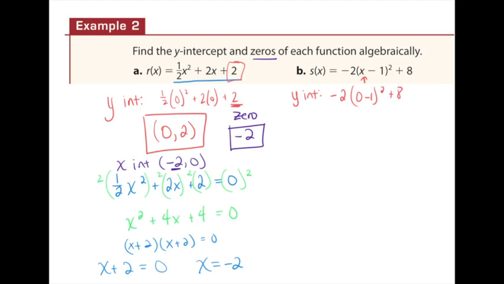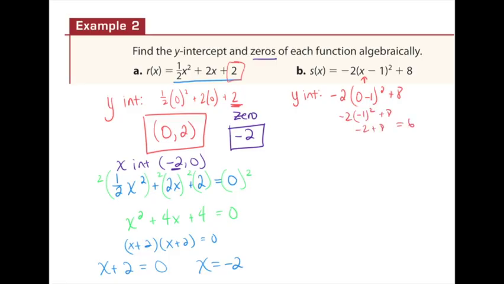And then I'm going to do order of operations. 0 minus 1 is -1. -1, when I square it, is +1. And then +1 times -2 is -2. And then I'm going to add 8. So you're just going to do order of operations here.